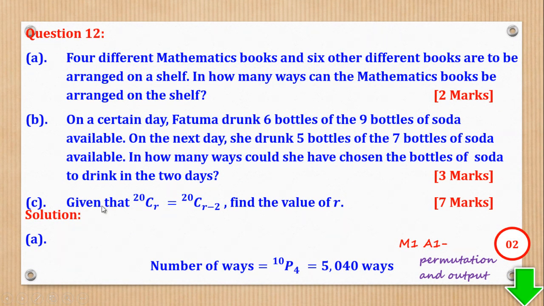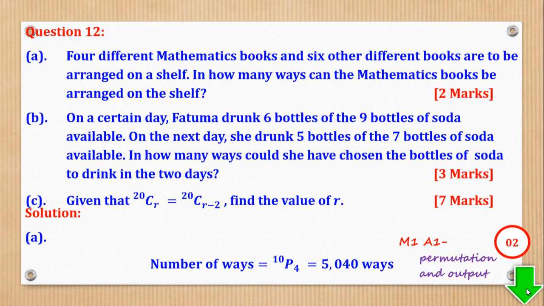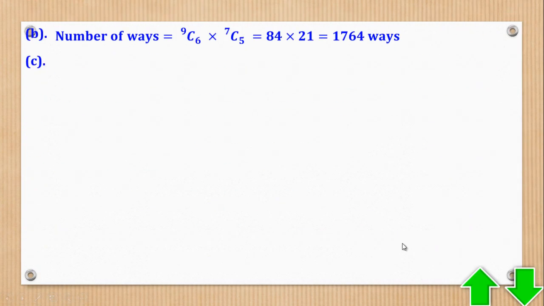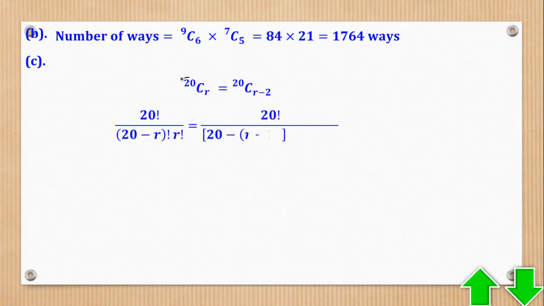Part C says, given that 20 combination R is equal to 20 combination R minus 2, find the value of R. So that is what we have. Then we expand it. This means 20 factorial over 20 minus R factorial times R factorial.